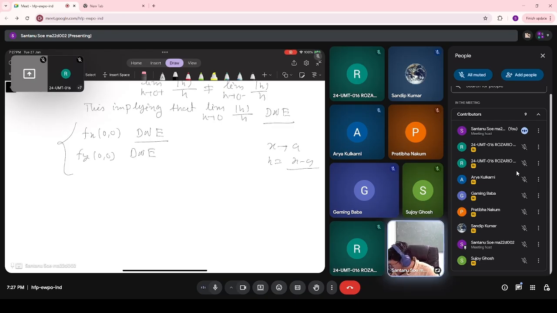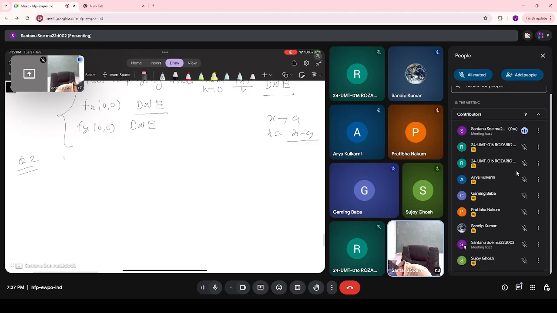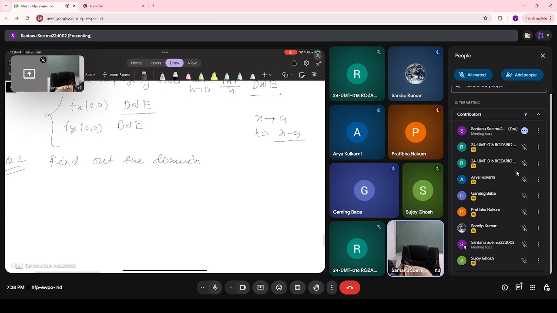So I'm going to go to the next question. This is a very interesting question. Everybody should listen to this question. Find out the domain and range of f of x comma y equals ln of y minus x.